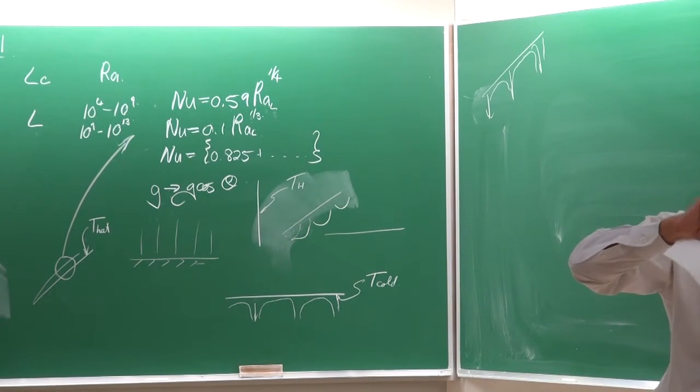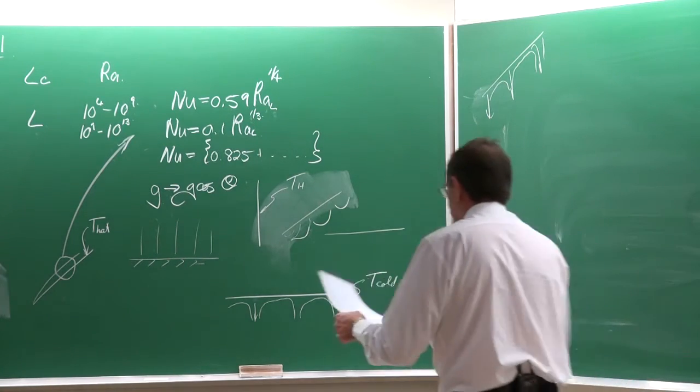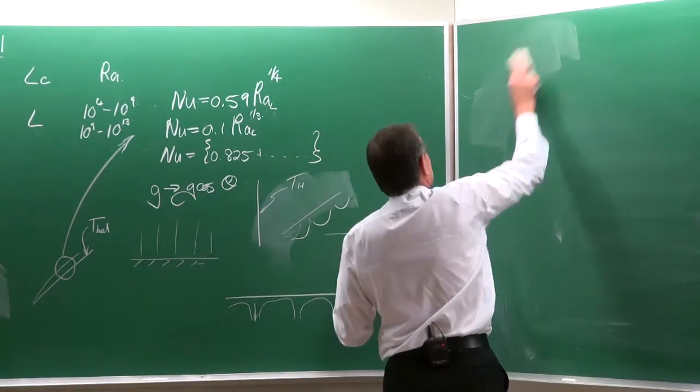So if you've got a boundary layer that develops, then you can use that orientation. Let's see if I can. So in general, I'm going to draw it like this.